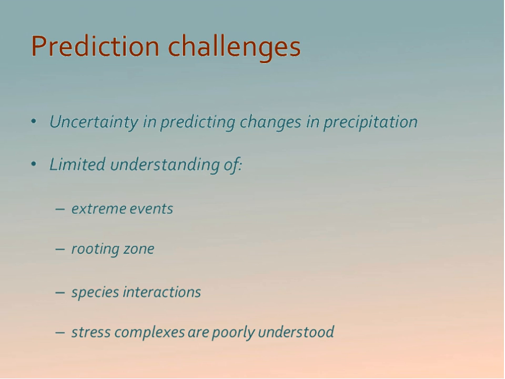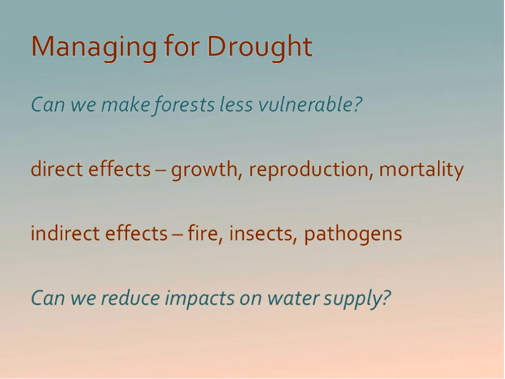We don't have nearly enough studies where we look at those individual scale effects at the same time that we're looking at stand level effects. This is harder to do because it means you've got to study the whole stand at the same time you're studying the individual trees. But nonetheless, if we don't do that, we can't simply take parameters for how an individual tree responds and put it into a model for how a forest responds.